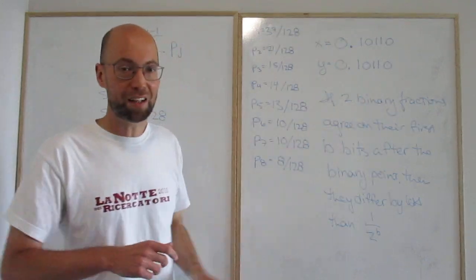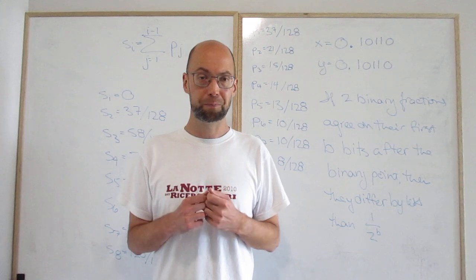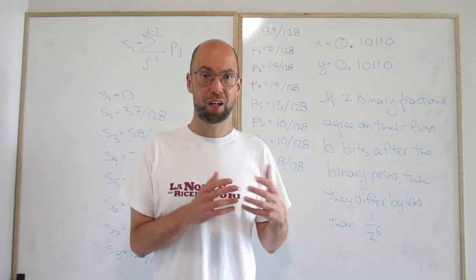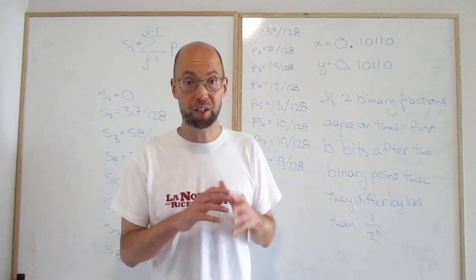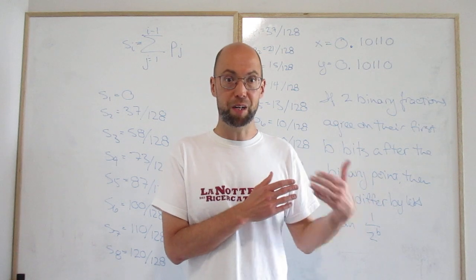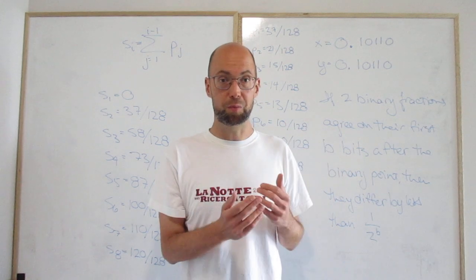if you take this and flip it around, you say, okay, if two numbers differ by a lot, then they can't agree. If two numbers between 0 and 1 differ by quite a lot, then they can't agree on very many of the bits to the right of the binary point. Right?